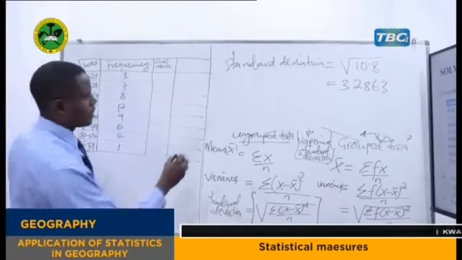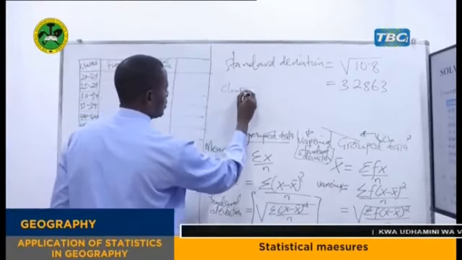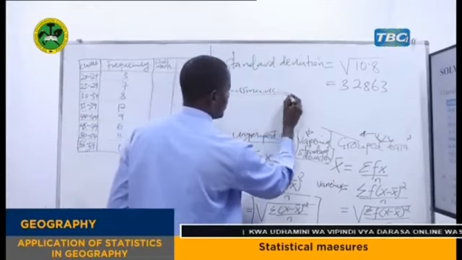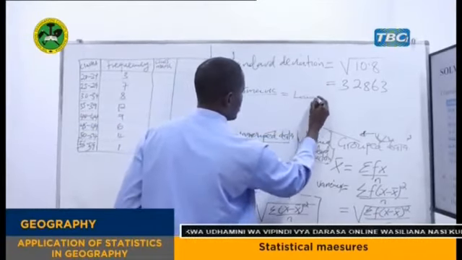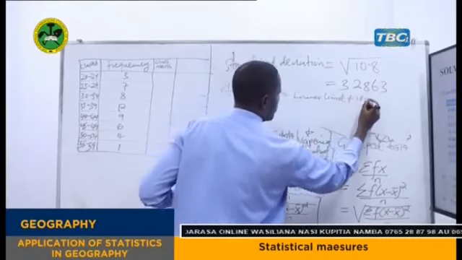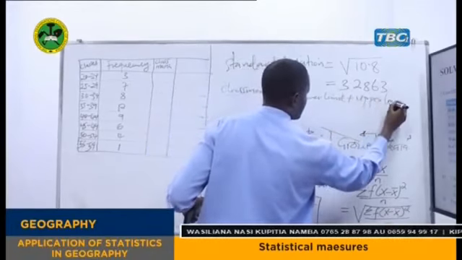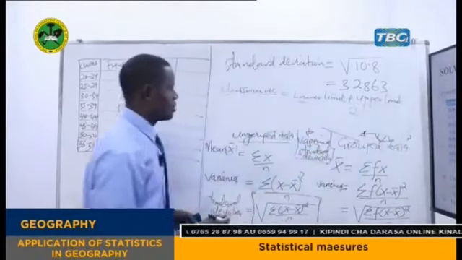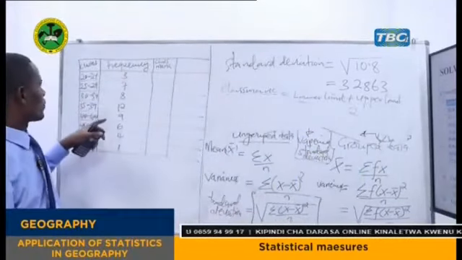Remember, this is given by taking the lower limit plus the upper limit, then you divide by 2. Then you get the class mark.